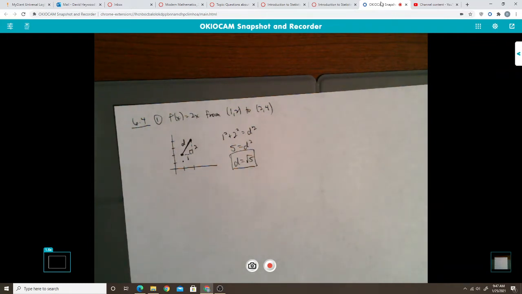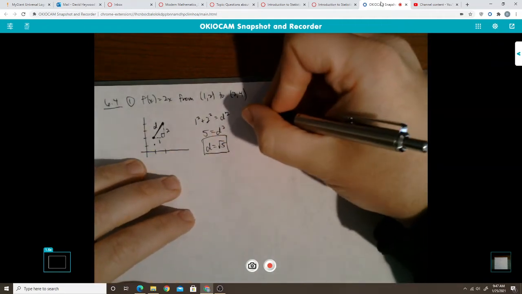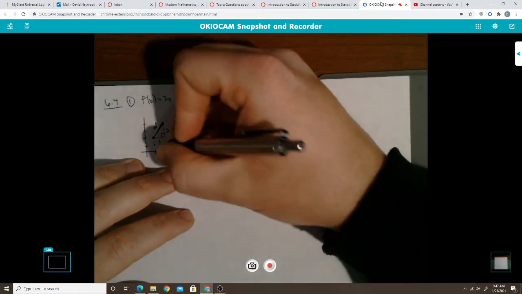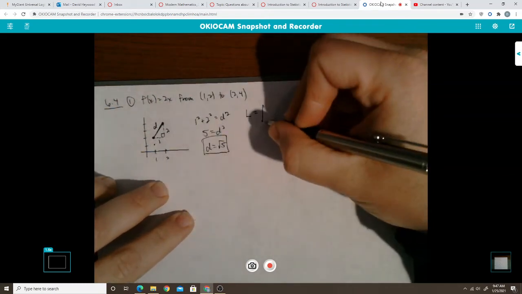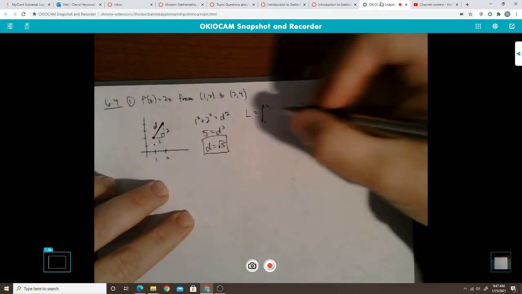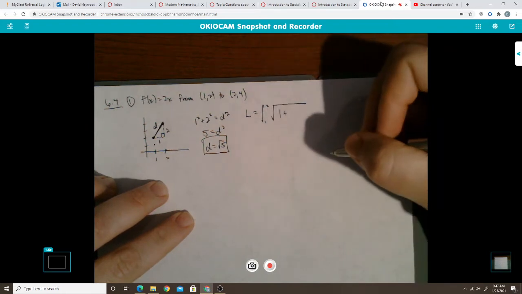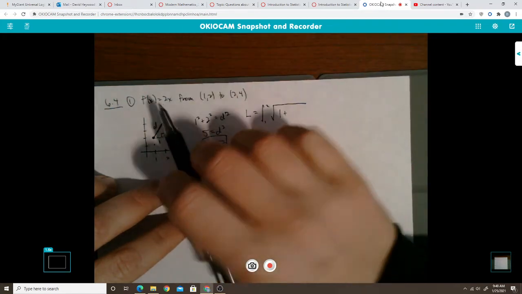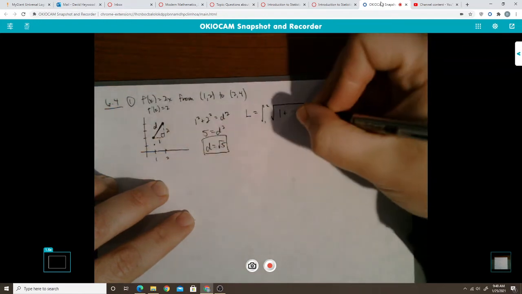So we'll start off by checking it when we integrate with respect to x. So integrating with respect to x, the length of that segment should be the integral from 1 to 2 of the square root of 1 plus f prime of x squared dx. Well, if f of x is 2x, then f prime of x is just 2, right?